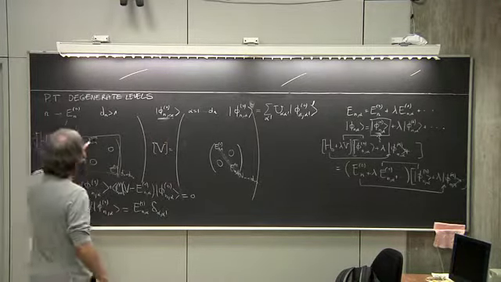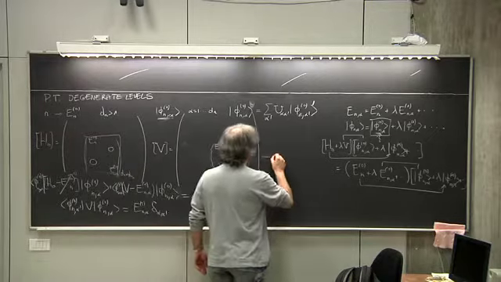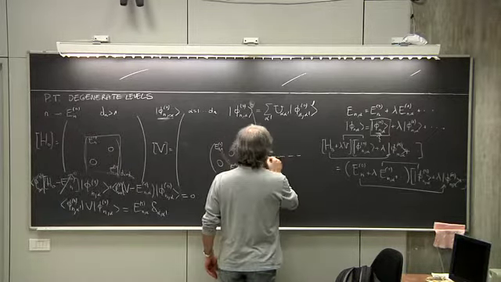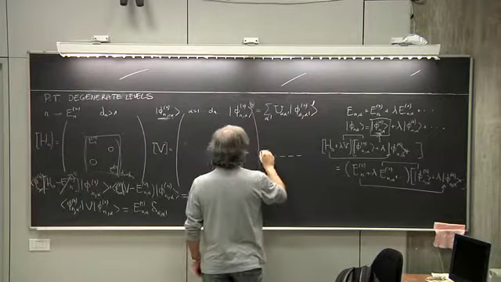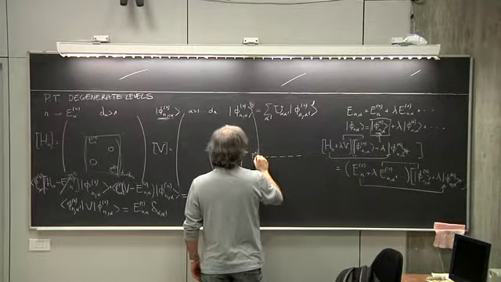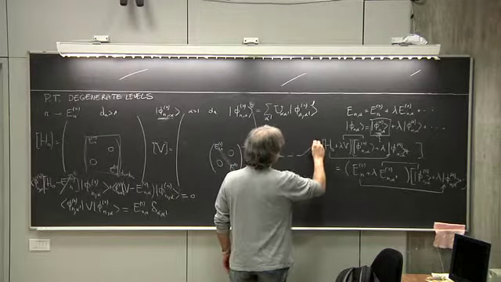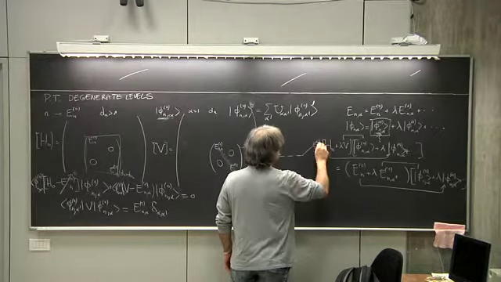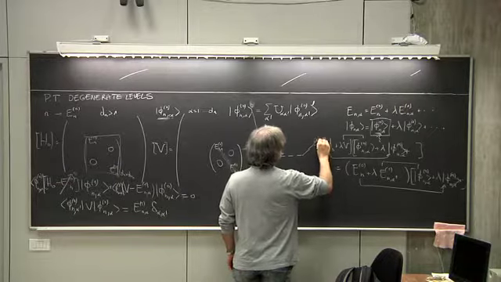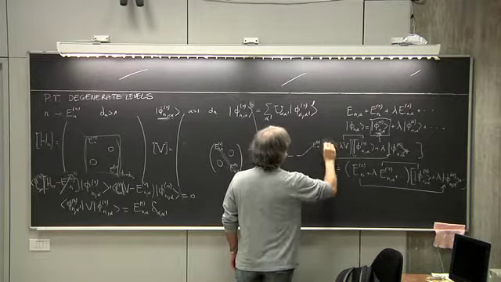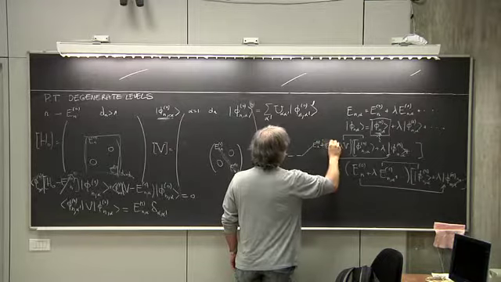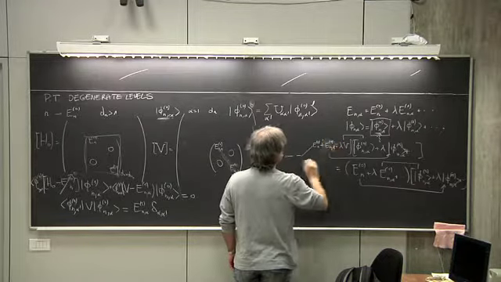Splitting the degeneracy means that those levels were at the beginning all the same, E0 n. Then I add the perturbation, and this one becomes E0 n plus E1 n1. This is the state 1.